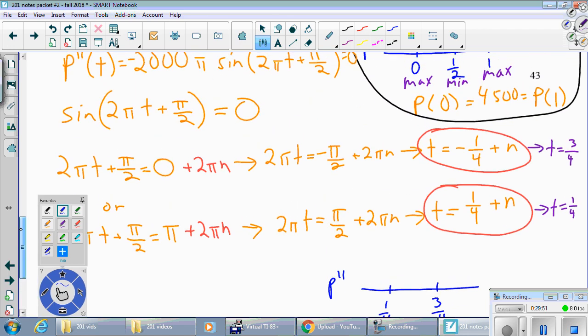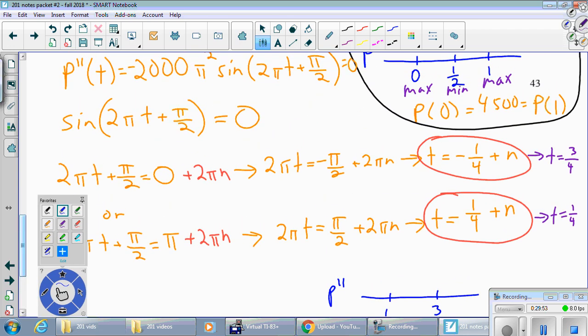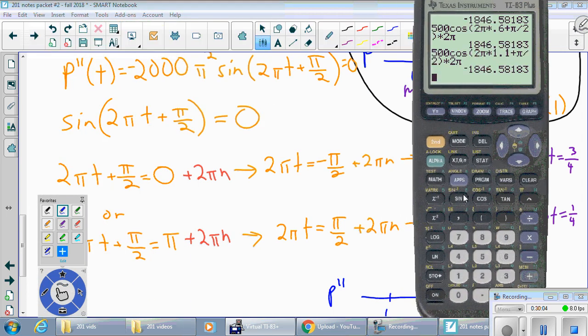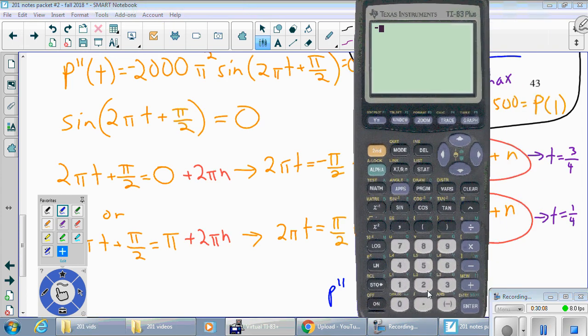So there's p double prime in orange at the top. We're going to plug things into this orange guy. So the negative 2000 pi squared we'll type here. This is 0.